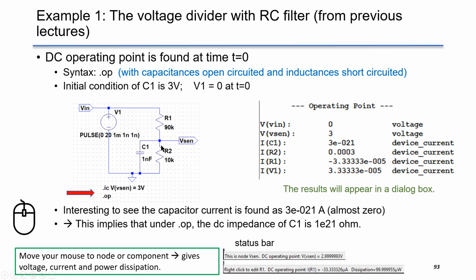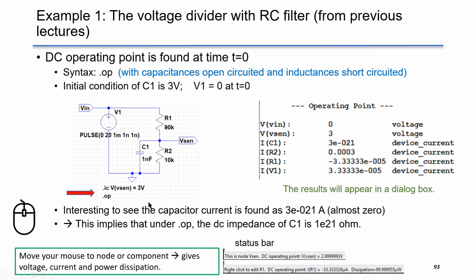Current into R2 is 3 volt over 10K, and the current into R1 is minus 33 microamps. Because we have 3 volts here and 90K here, the current is flowing from bottom to the top of R1, so it is negative.